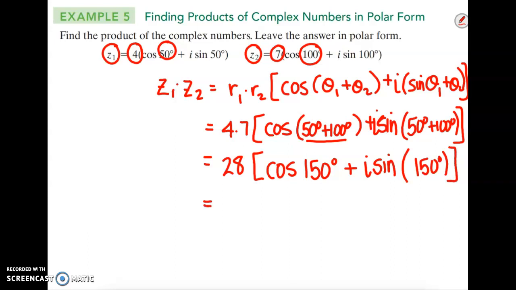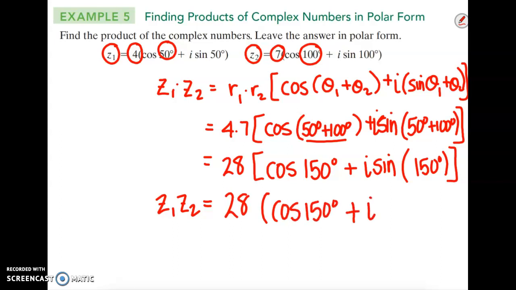So I'm just going to write this as z1 z2 equals 28 times the cosine of 150 degrees plus i sine of 150 degrees. So that is how you can do the product of two complex numbers.